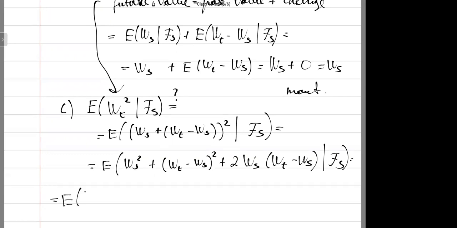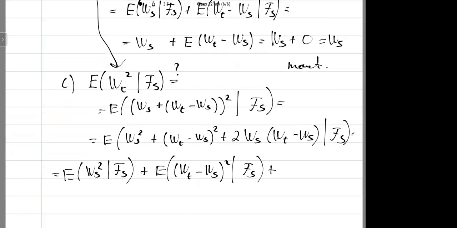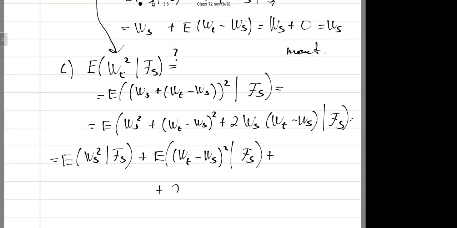The first one: what is the best guess of Ws squared if we know everything at time s and before? What is the value of the expected value of (Wt minus Ws) squared given Fs? And what is the value of Ws (Wt minus Ws) given Fs? How can I simplify the first term?